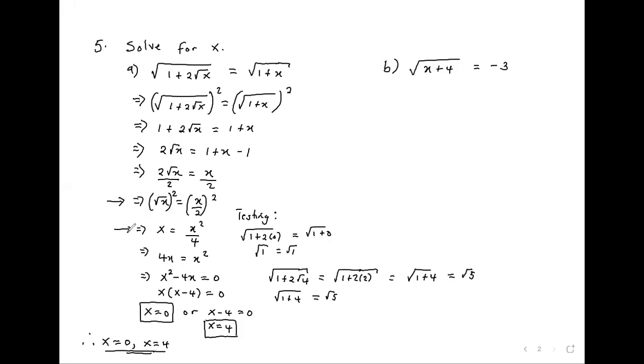Sir, can you please repeat the explanation on how you're testing? The testing, you just substitute each value where there is x for both sides, and the responses must be equal. What do you mean the responses must be equal? The answer you get on the right should be equal to the answer you get on the left.